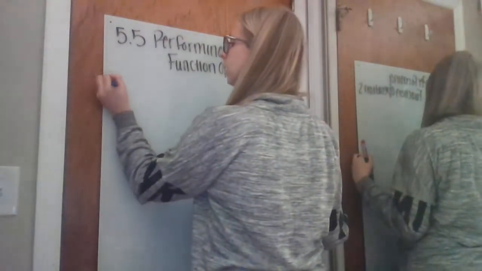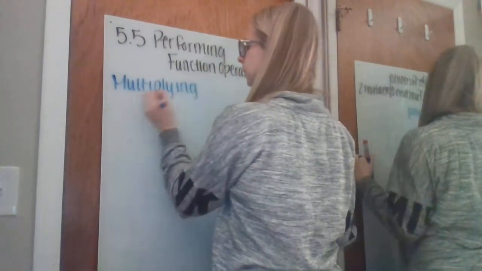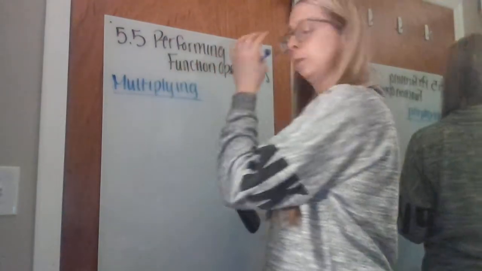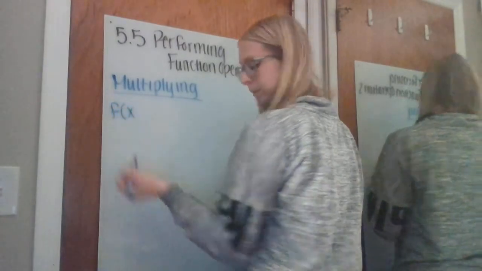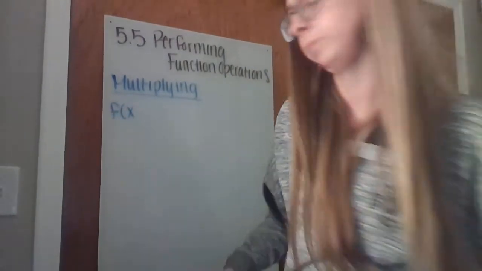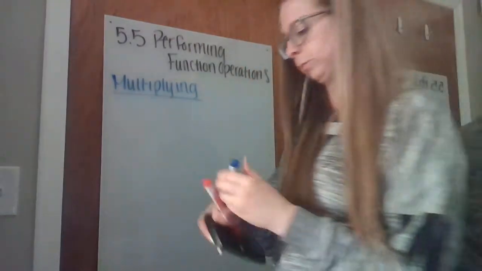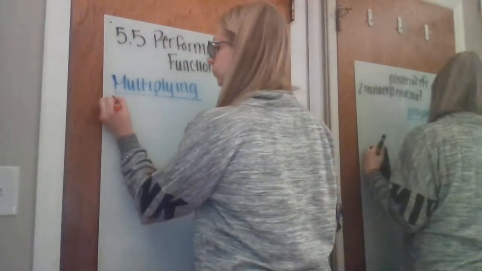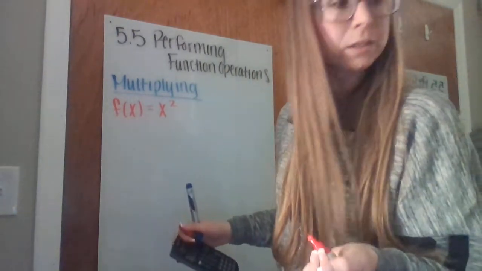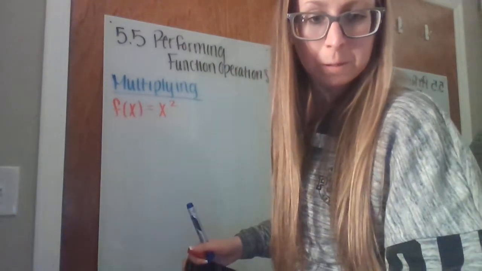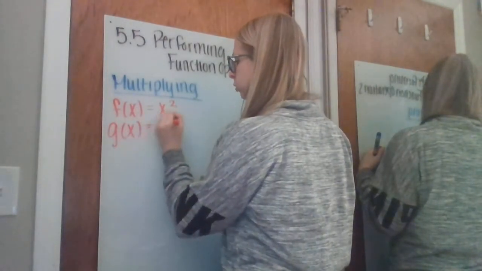So now we're doing multiplying. Okay, so I want f of x, I'm going to write that in red, f of x to equal x squared, and g of x to equal the square root of x.